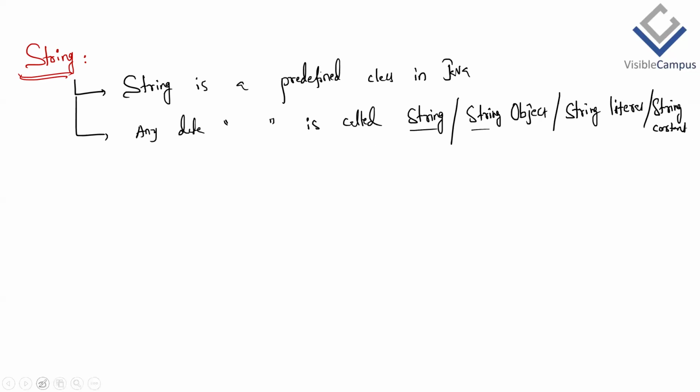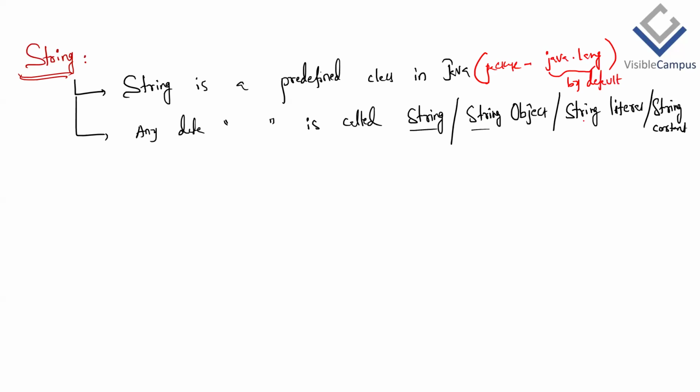Then when it is a predefined class, for any predefined class, the first thing we should know is which package it is present in. The String class is present in a package called java.lang package, which is available to every Java program by default.